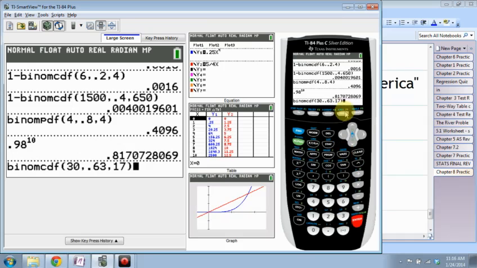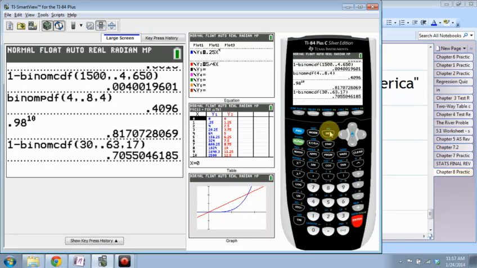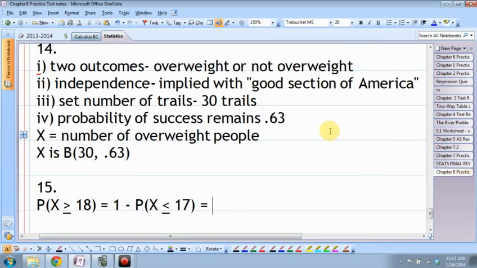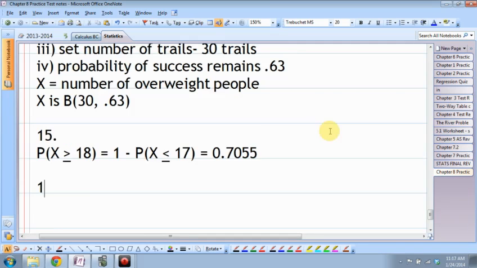And we wanted to do 1 minus this. One minus that binomial CDF. So 0.7055.